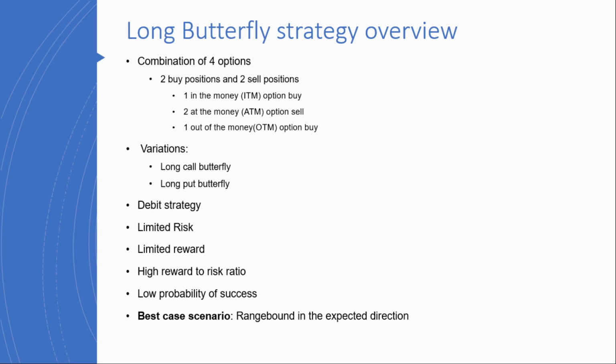It can have a very good reward to risk, and you can even increase your probability of success depending on how you choose the strike prices. So these are some of the basics you need to understand about the long butterfly strategy. Generally I will just call this strategy a butterfly strategy. That means by default you should assume a butterfly strategy to be a long butterfly strategy, because that is the most commonly used strategy.